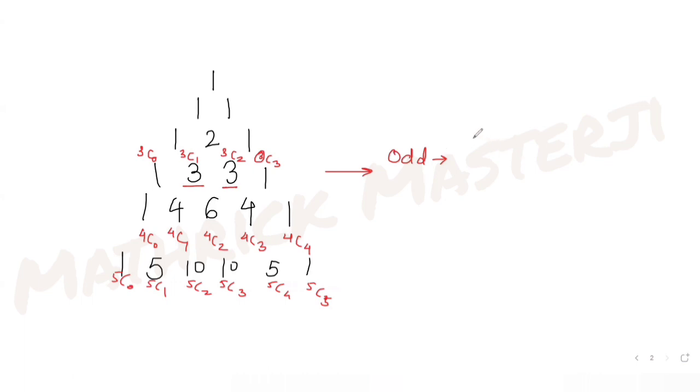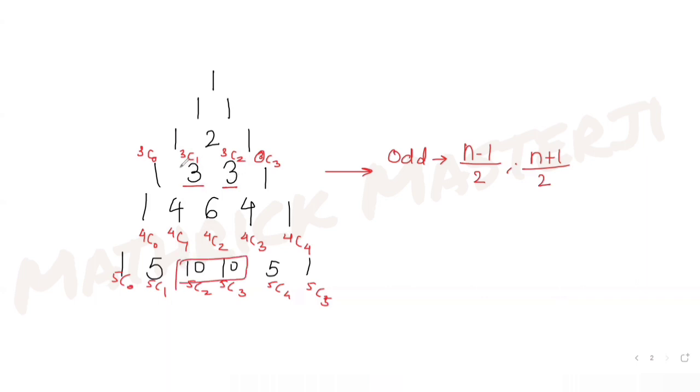So whenever n is odd, you can find n minus 1 divided by 2. That gives 3 minus 1 divided by 2, that is 2 divided by 2, 1. Here for 5, 5 minus 1 is 4, 4 divided by 2 is 2. So you get the greatest values, or you can also find n plus 1 divided by 2, because 3 plus 1 is 4, divided by 2 is 2, which also gives you the greatest values.